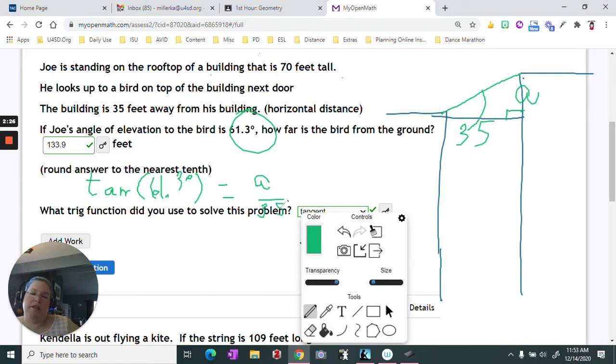Cross multiply to get our solution, and we got, I think, 63.9 is the approximate value of A. And then we add 70 to that to figure out how tall this building is, because this building here is the 70 feet tall. Okay, so that's how we did that particular problem.